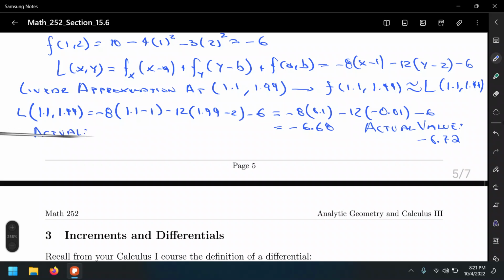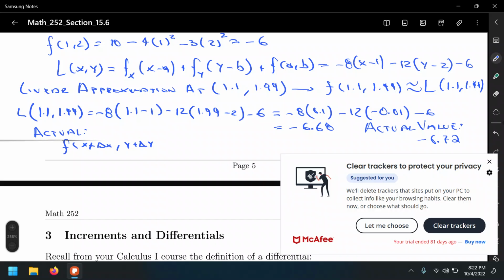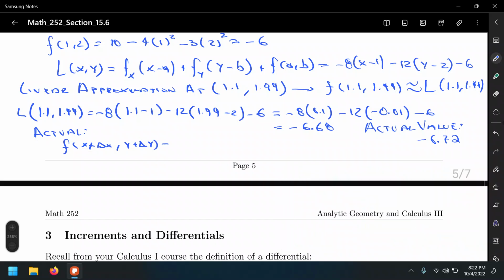In multivariable, the actual change would have been f(x plus delta x, y plus delta y) minus f(x, y). So that's going to be the incremented value minus the original value. That's how we get the actual change. So if we evaluate f(1.1, 1.99) minus f(1, 2), that should give us negative 6.7.